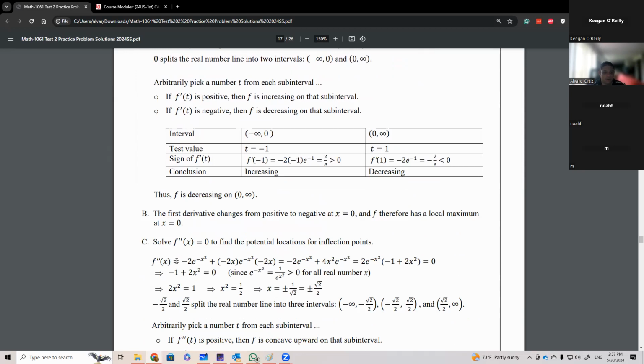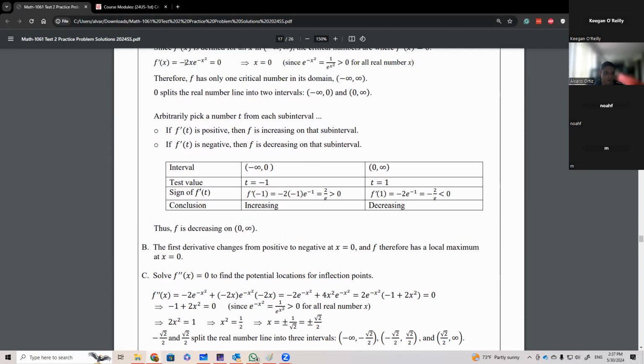F double prime here, when we take the derivative of this, is just like minus 2 e to the minus x squared. Remember, we're taking the derivative of minus 2x, so that's just minus 2. And then when we do the derivative of e to the minus x squared, that's going to give me again e to the minus x squared times minus 2x.